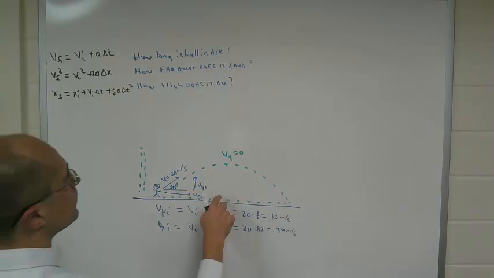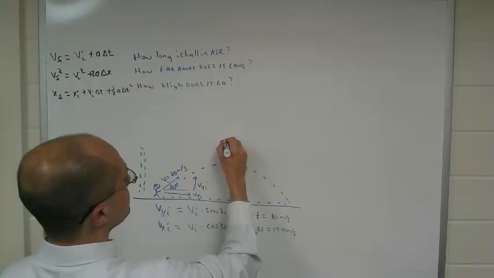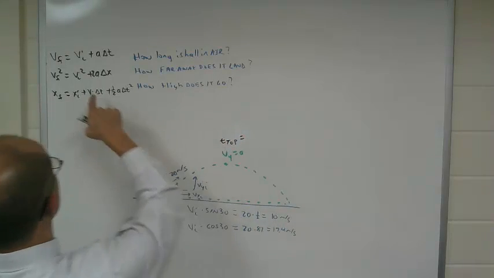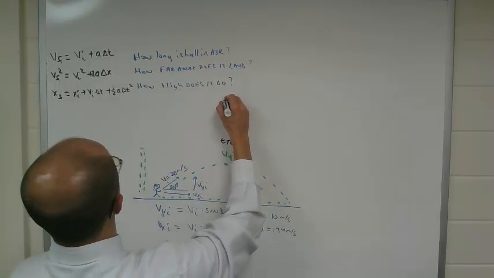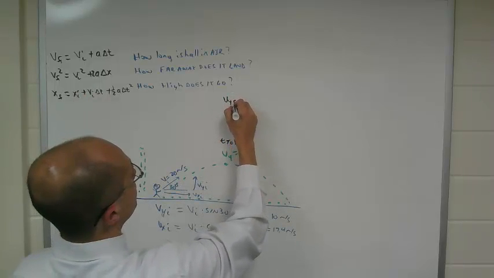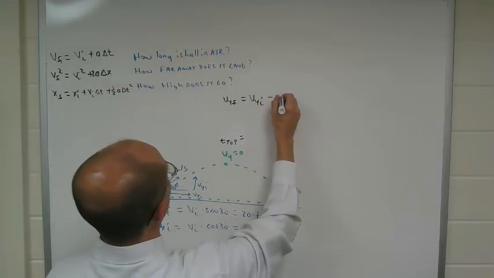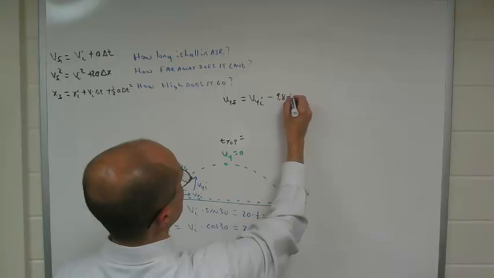In the y, if we want to know how much time it takes to get to the top, t to the top, here's what we're going to do. We can take advantage of the fact that Vy final is equal to Vy initial minus 9.8 times time.